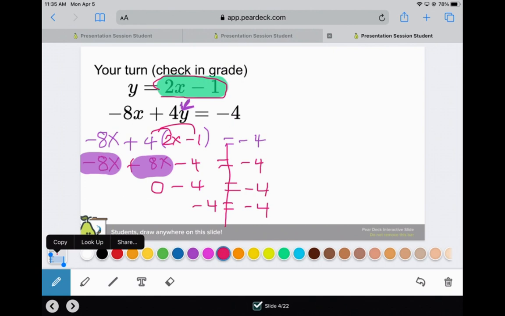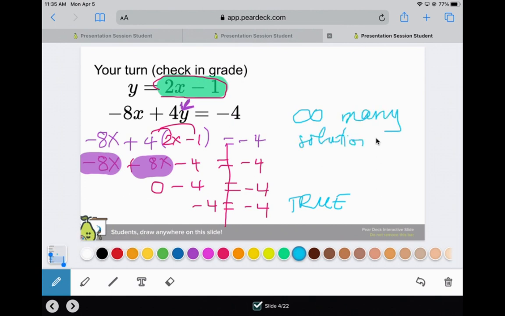If I have a true statement, anyone remember? If everything cancels out and I have a true statement, then it's going to be infinitely many solutions.